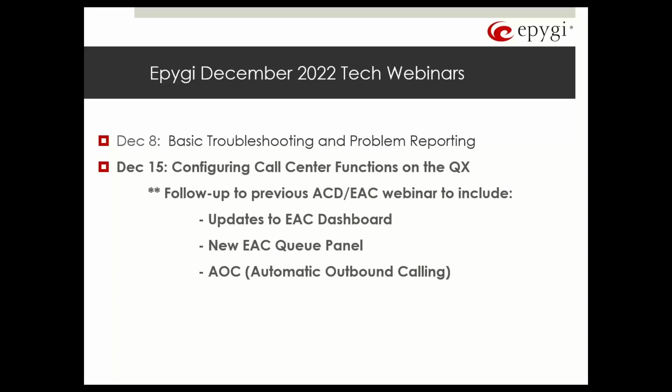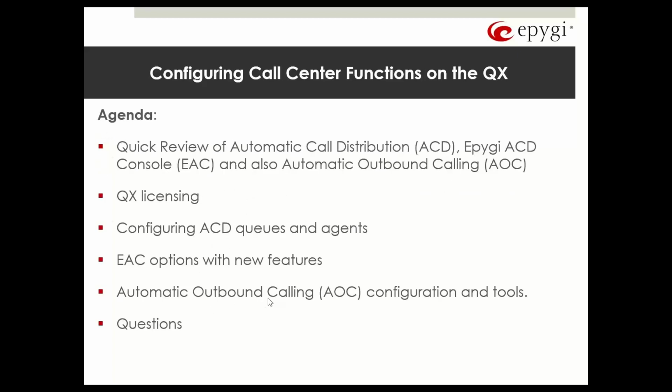But I do want to present some of the updates that have been added to the EAC dashboard. We'll look at the new EAC queue panel and also configure the automatic outbound calling, which we did not do on the first webinar. So it's going to be quick through a lot of this information.